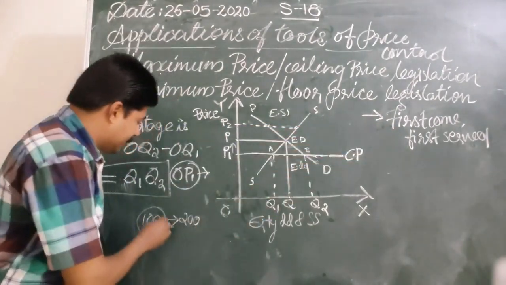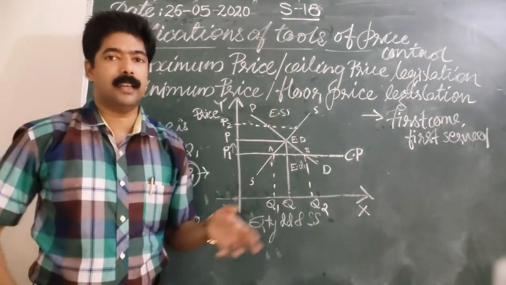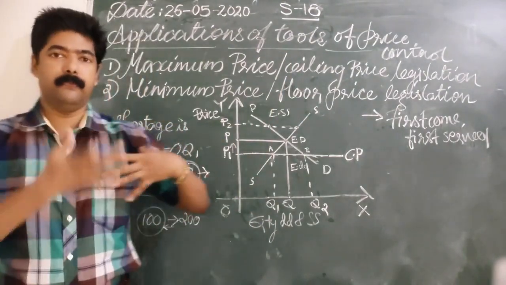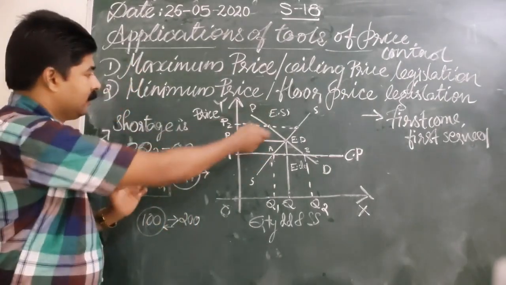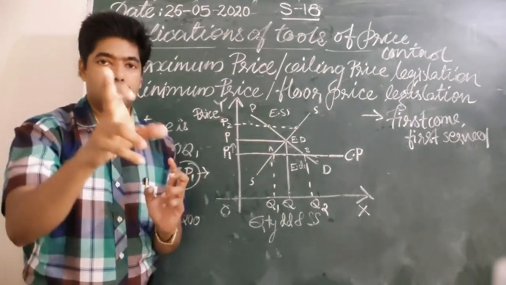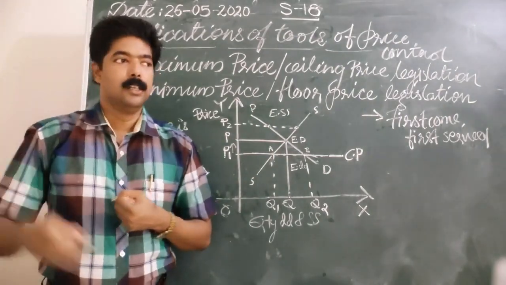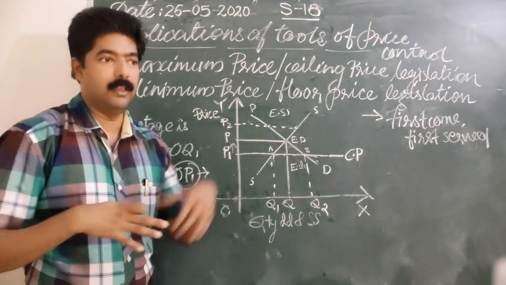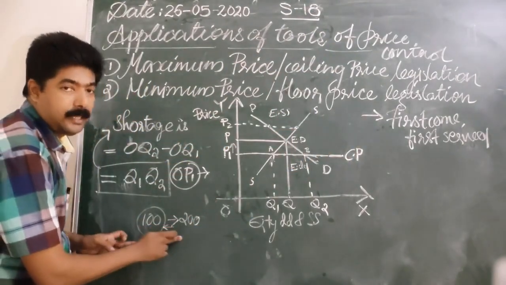I have only 100 pens. There are 200 students before me, and they all need to get one. But from me, only 100 pens. I cannot increase the price because of the maximum price legislation, the legal price. So I said those who come first will be served first. So I can serve only 100 in number.